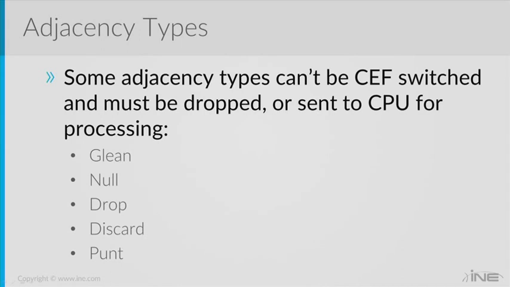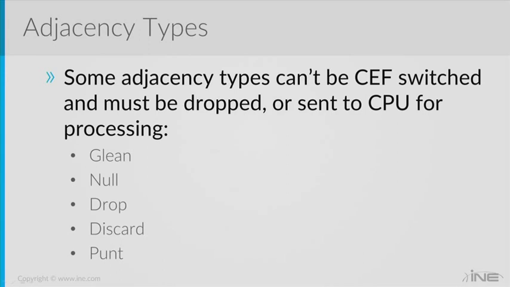And punt adjacency, that's very similar to glean. Glean and punt both have the same effect. That means we have to take this packet and forward it to the processor. What's a little bit different is glean specifically means I need to resolve the layer 2 for this. I need to send out an ARP request. That's really what glean means.